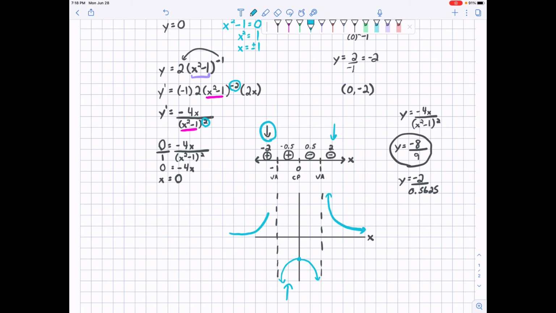So that means it's probably going up like this. And notice how I've drawn it such that I still have my horizontal asymptote at y equals 0, which is right along the x-axis. So right away, based on the first derivative, we have a pretty good idea of what the function could look like, and we're going to confirm that by looking at the second derivative.